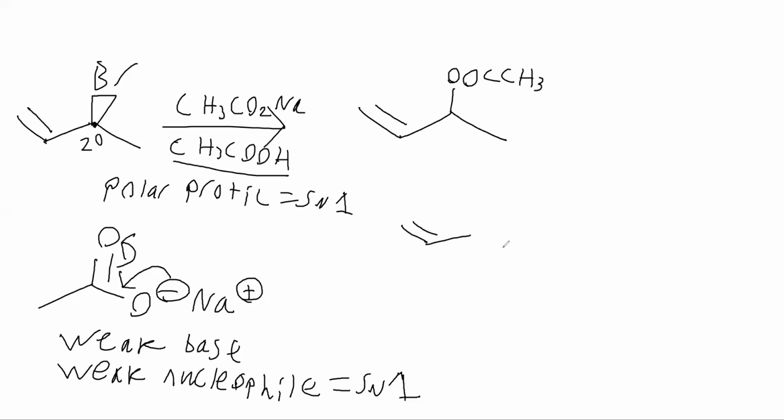I didn't actually draw this, but it'll look something like this. And this is actually an ester, so I think this is a reaction you're going to go over next semester, but you've seen it here in the context of SN1 and SN2. Everything else is relatively simple compared to that.